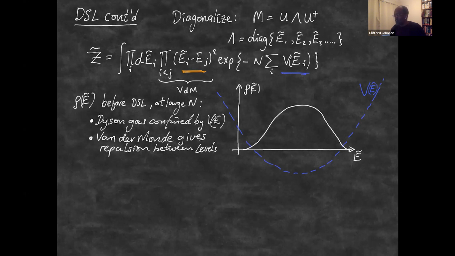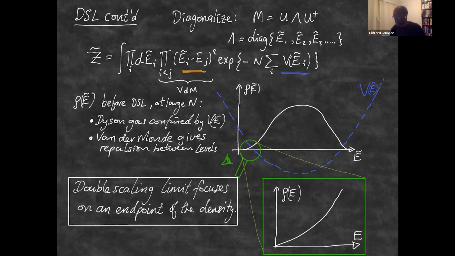Essentially solving the problem boils down to the following. I have the original potential V, which I've drawn in blue there, which tries to confine these eigenvalues. But the Jacobian, the Vandermonde determinant, is a repulsive term that pushes them out, and there's some balance where they form some sort of droplet, and that's what you can solve for at large N.